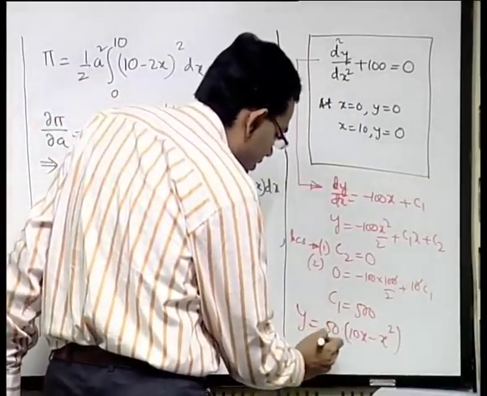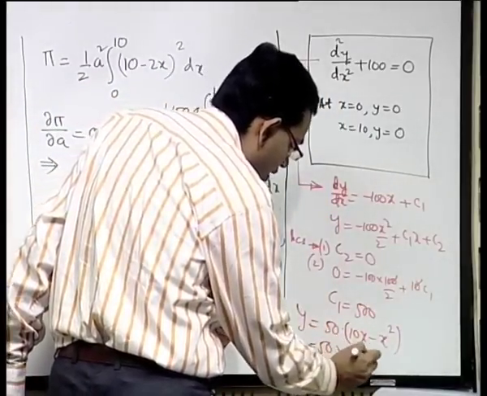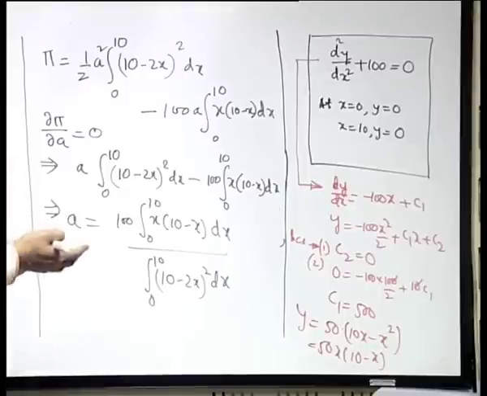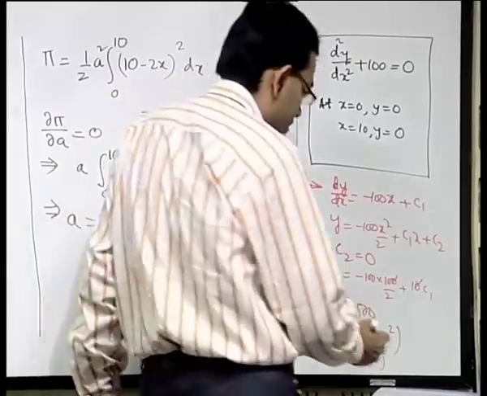So, 50x into 10 minus x. You can see that this is a special case where the approximate solution and the exact solution are the same. This is the exact solution.